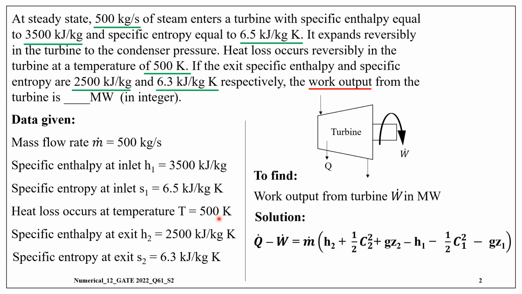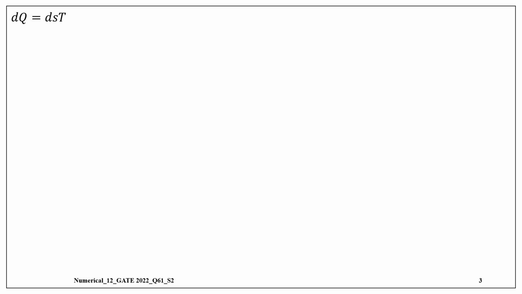Therefore, we need to make use of change in entropy. We know change in entropy, ds is equal to dq divided by T. From this, we can calculate dq. The equation can be rearranged like this: dq equal to ds multiplied by temperature.